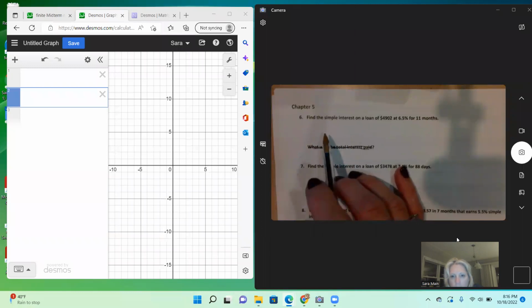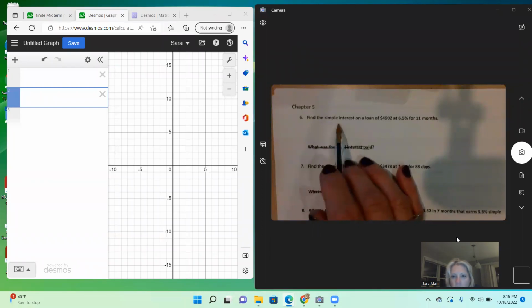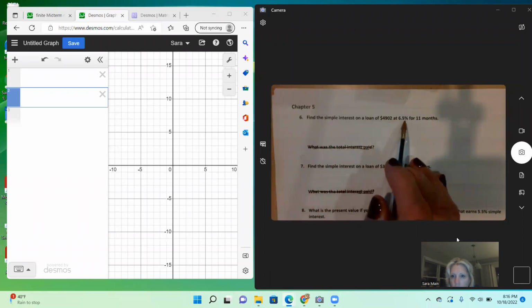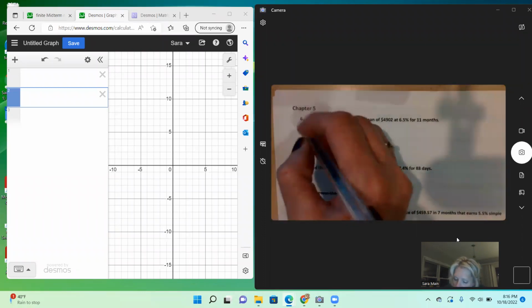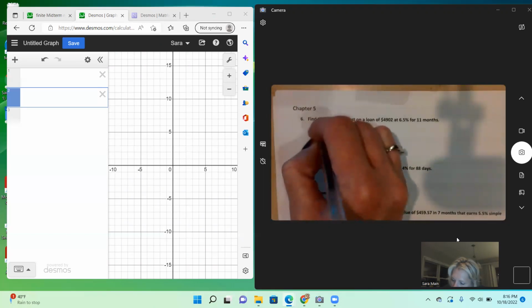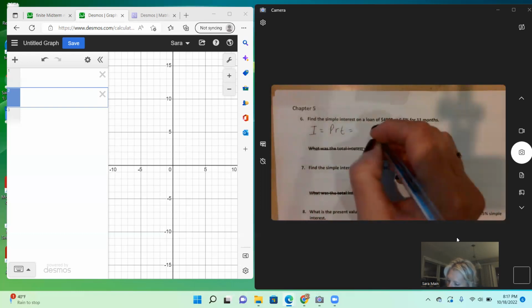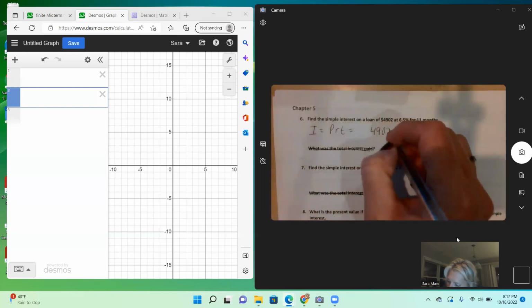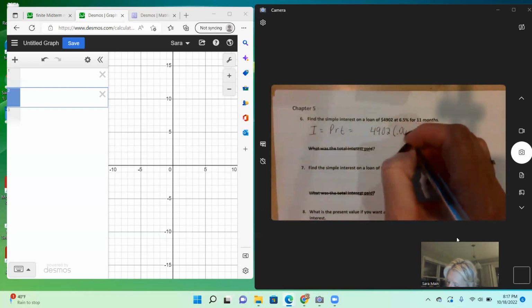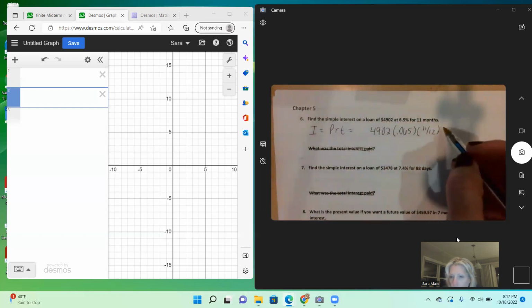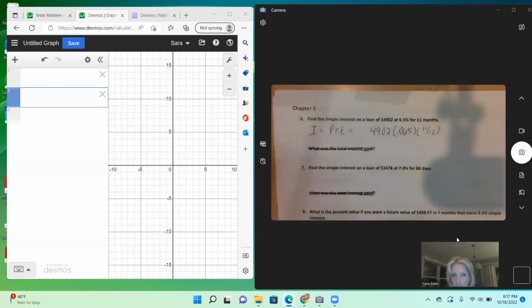So number 6 says find the simple interest on a loan of $4,902 at 6.5% for 11 months. So simple interest is we're just looking for the interest, not the future value. So this is going to be 4,902 times the rate of 0.065 times 11 over 12, because time is always in years and we only have 11 months.